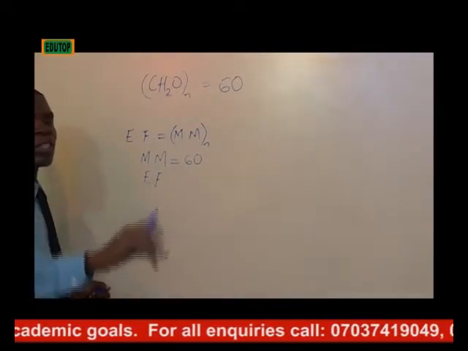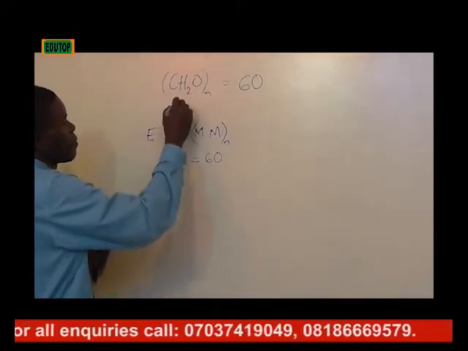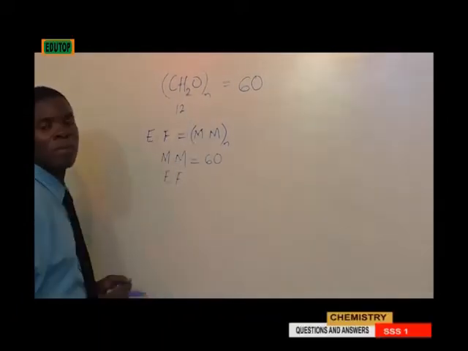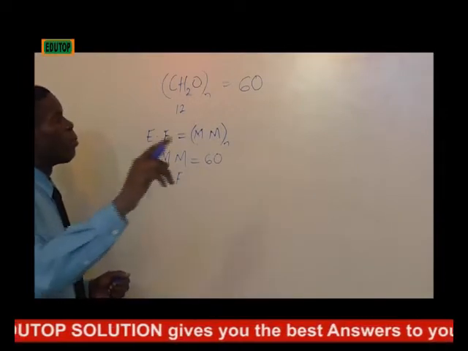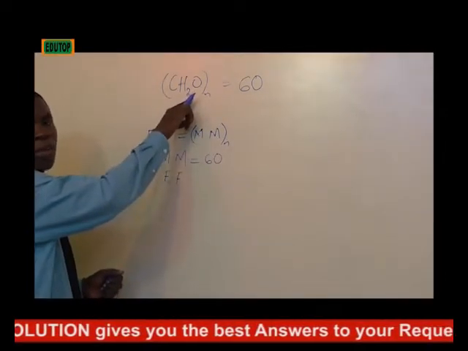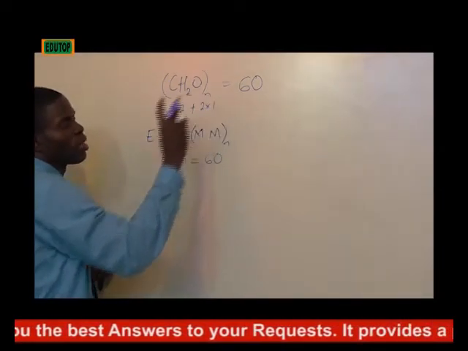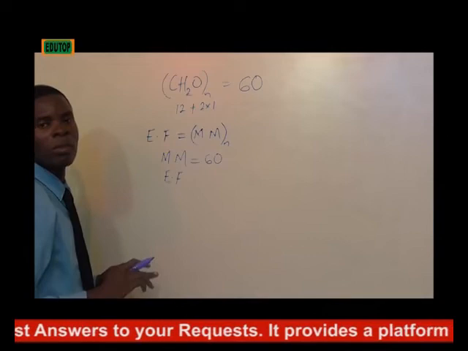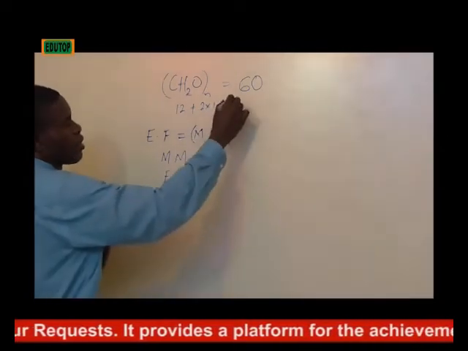From the question, carbon is 12. Hydrogen is 1, but because we have 2 atoms of hydrogen, making it 2 times 1, plus oxygen is 16.